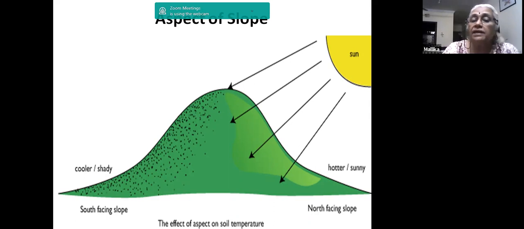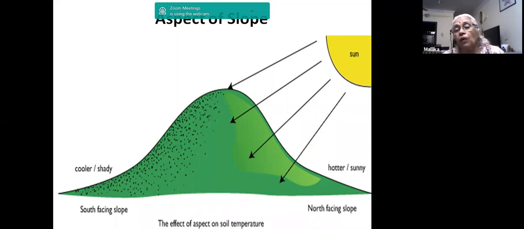So if I take the Himalayas, right, the Indian side of the Himalayas are all the warmer sides. Why? Because at around 30 to 35 degree north latitude, which is where the Himalayas are located, and a little less in Assam and the northeastern side, the sun never goes above the Himalayas.